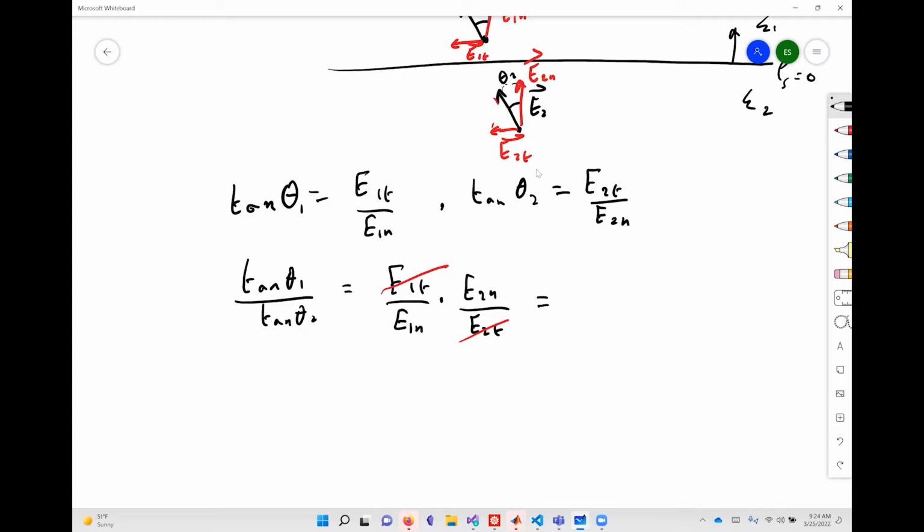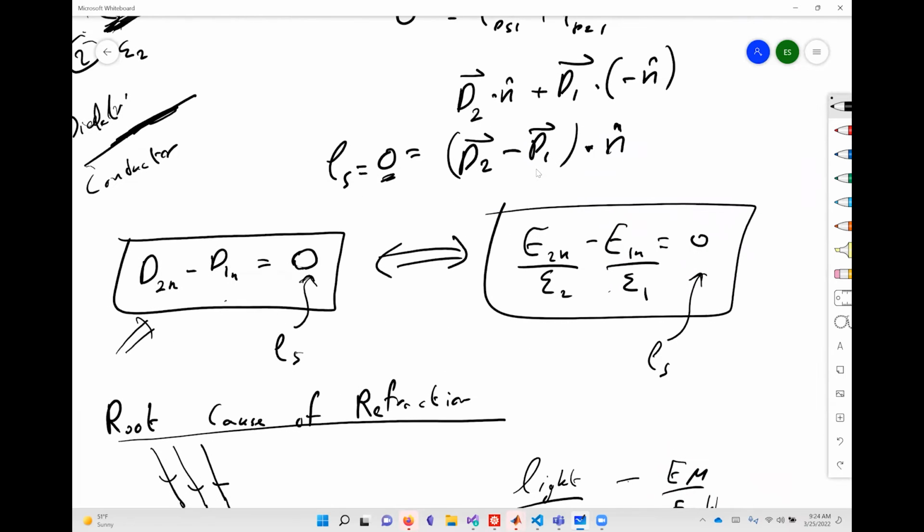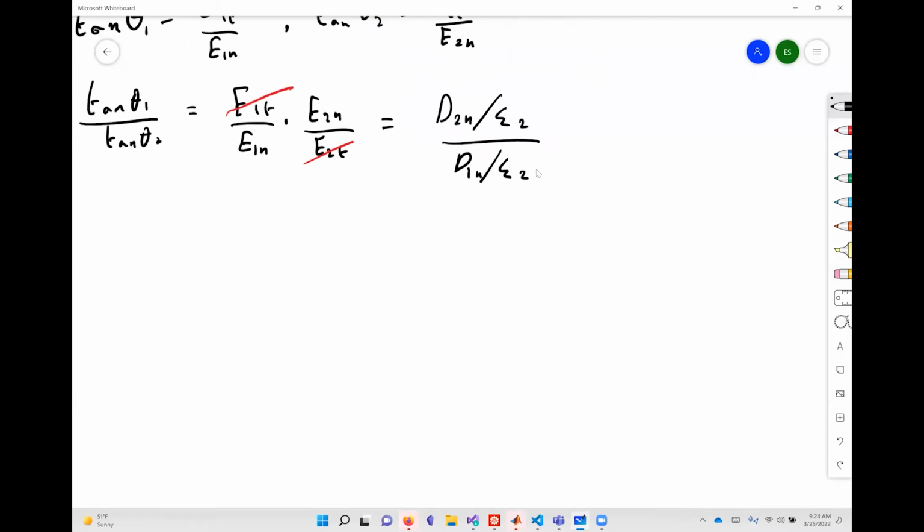So I need to turn this into a flux density. So this will be D2n over epsilon 2 over D1n over epsilon 1. The normal component of the flux density is continuous, so those two cancel, become 1, and I end up with tan θ1 over tan θ2 equaling epsilon 1 over epsilon 2.